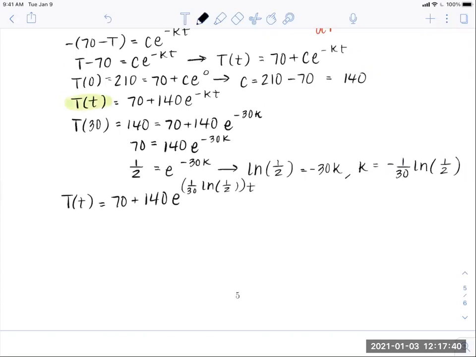All right, so this is our particular solution at this point. And now we can do our final step, which is to find when the temperature is going to be exactly 100 degrees. So I'm going to set T of t equal to 100, and I need only solve for t.